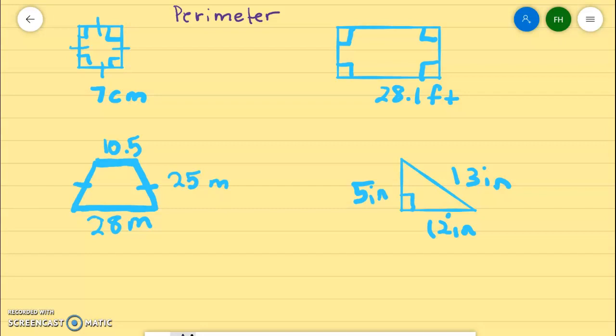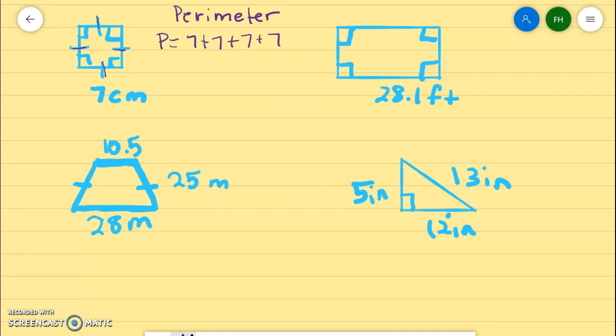So for the first one, it's a square. The sides are all the same, and the reason we know that is because of these congruent lines here. When we have a square, perimeter just means to add, and with the square, all the sides are the same.